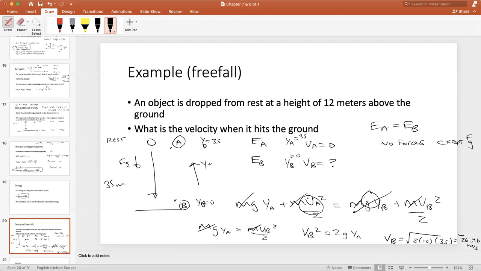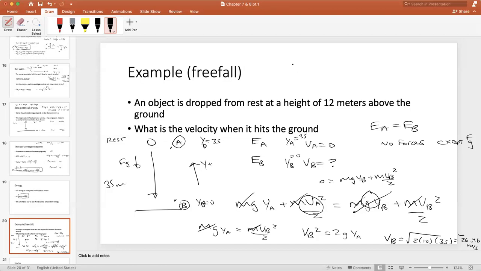The other thing I should say is, had we chosen this to be 0 and this to be negative 35, then this term would have gone away. And what we would have gotten was 0 equals MGYB plus MVB squared over 2. But since this was negative 35, if we moved it over, it would essentially be the exact same thing that we had.